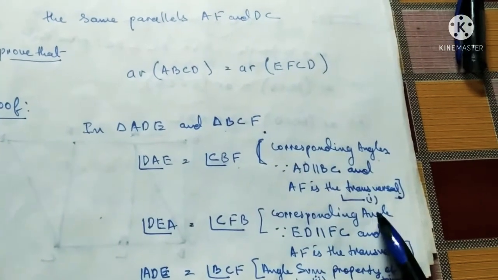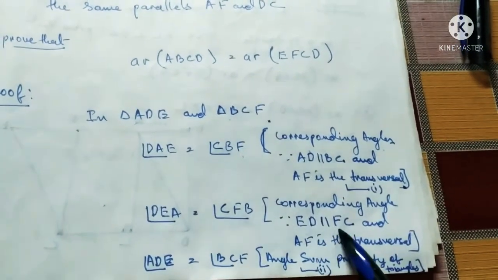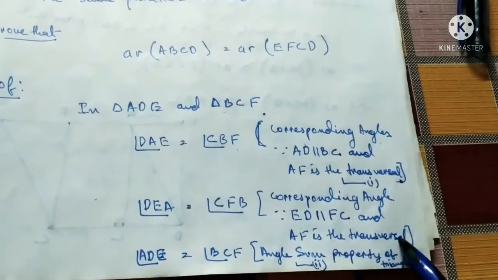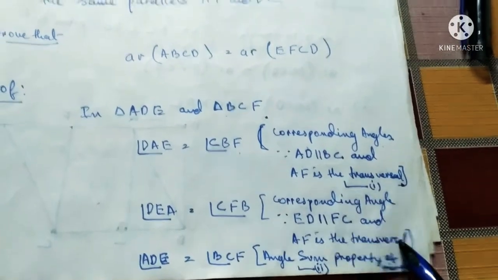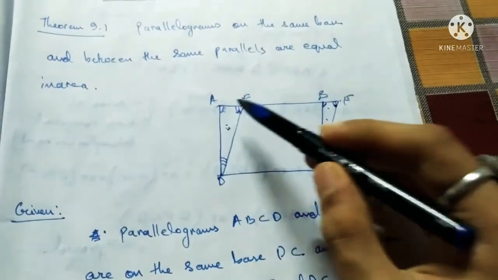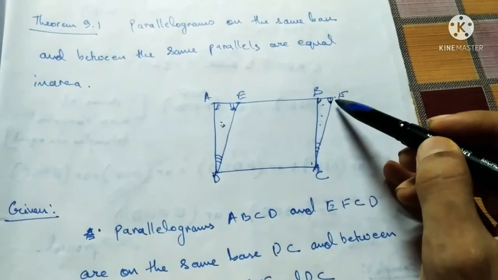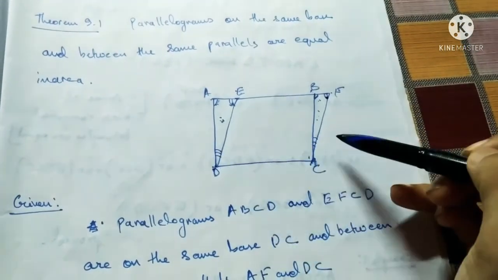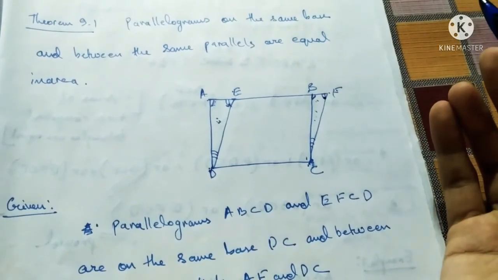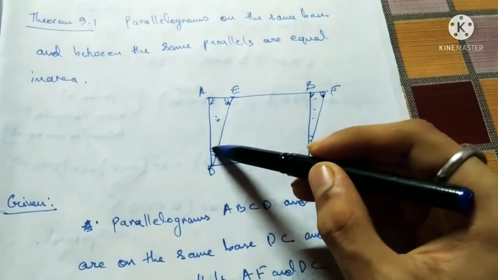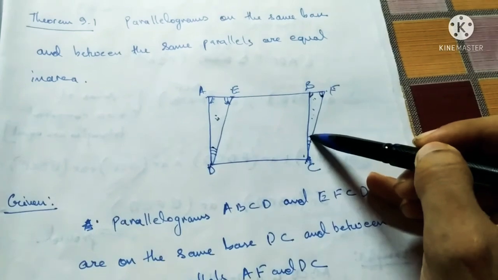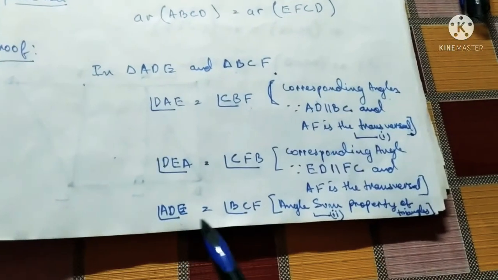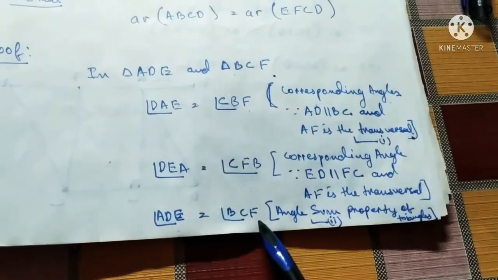Again corresponding angles, since ED is parallel to FC and AF is the transversal. Now in these two triangles, two corresponding angles are equal, therefore the third corresponding angle will also be equal. So angle ADE is equal to angle BCF.